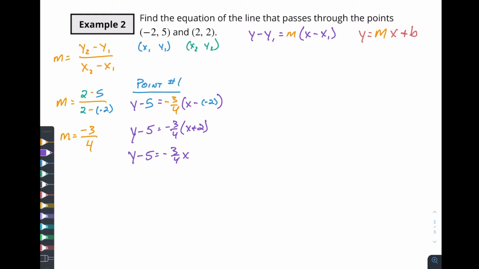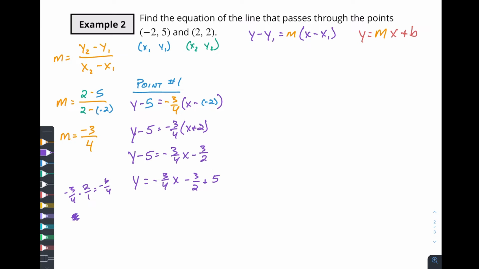So let's do our little bit of scratch work. Negative 3/4 times 2, that's going to be 2 over 1. So we're going to have negative 6/4, or minus 3 over 2. And then we're going to add 5 to both sides. And we're going to have negative 3/4 x minus 3 over 2 plus 5. And again, doing some scratch work, we need to get a common denominator for our 5.